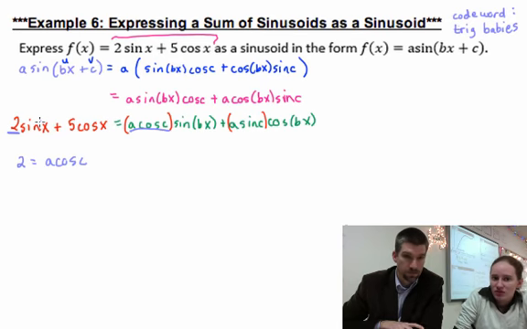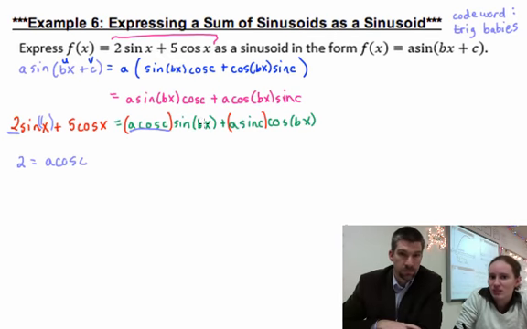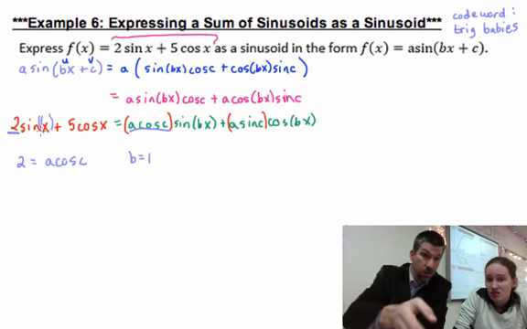We also can say that this is 1x, and this is bx, which means b equals 1. There's your first value. We know b is 1 because there's nothing in front of these x's. How many x's do you see in there? If it was 2x, it would be b equals 2.